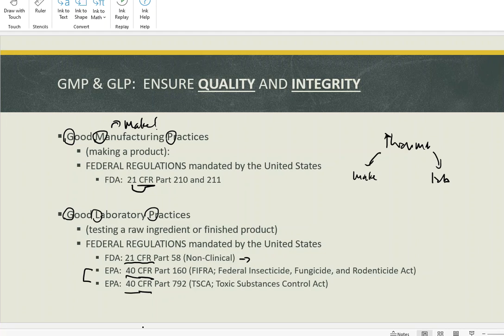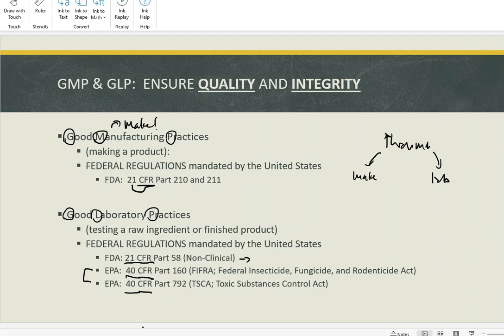FIFRA, which is the Federal Insecticide, Fungicide, and Rodenticide Act. And then the next one is TSCA, and that stands for the Toxic Substances Control Act.